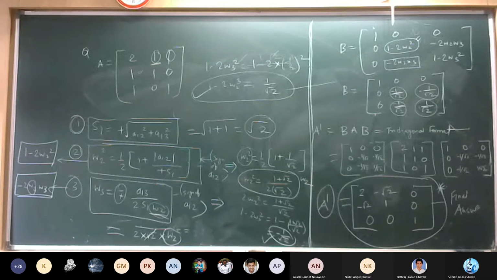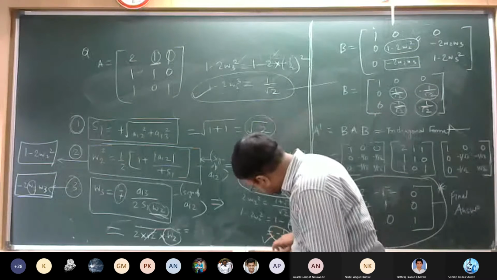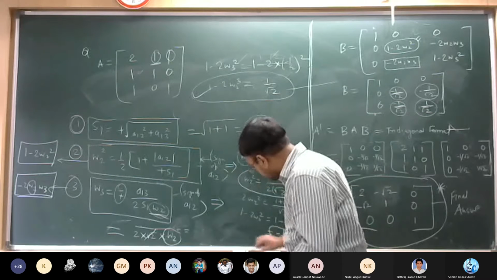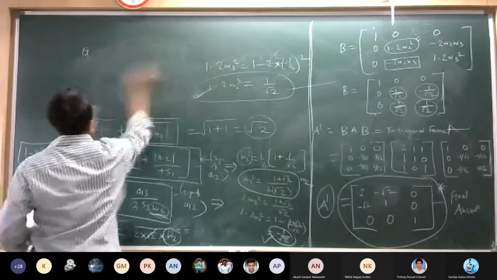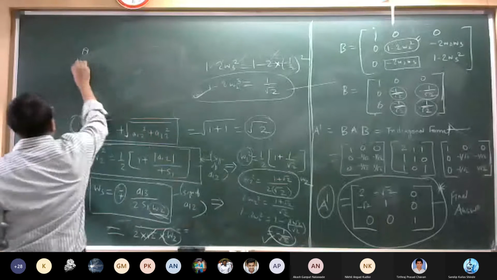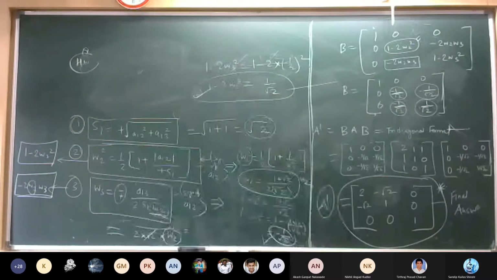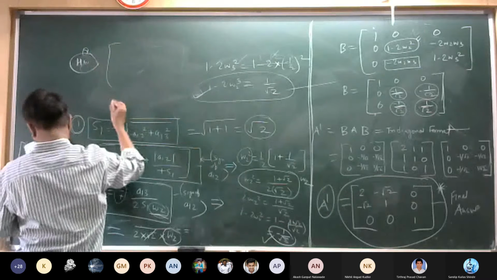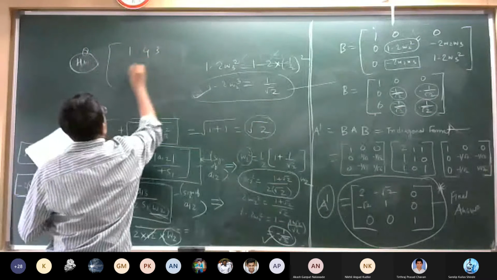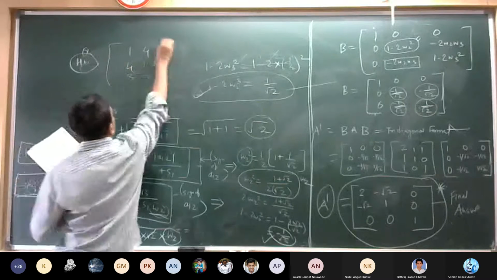For homework, you should calculate this particular matrix. I am expecting one, 4, 3, 4, 1, 2, 3, 3, 1.